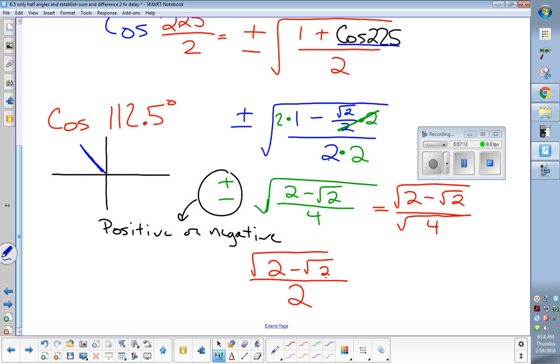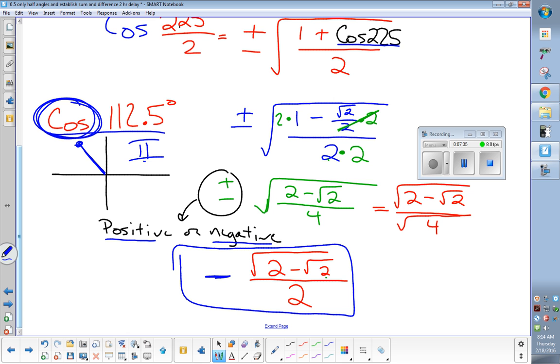Well, that would be in this spot right here. Cosine of 112.5 would be in the second quadrant. So if I'm doing cosine, which means x, in the second quadrant, is that answer going to be positive or negative? Hopefully you know that that would be a negative answer. So my answer is negative. Square root of 2 minus square root of 2 all over 2.